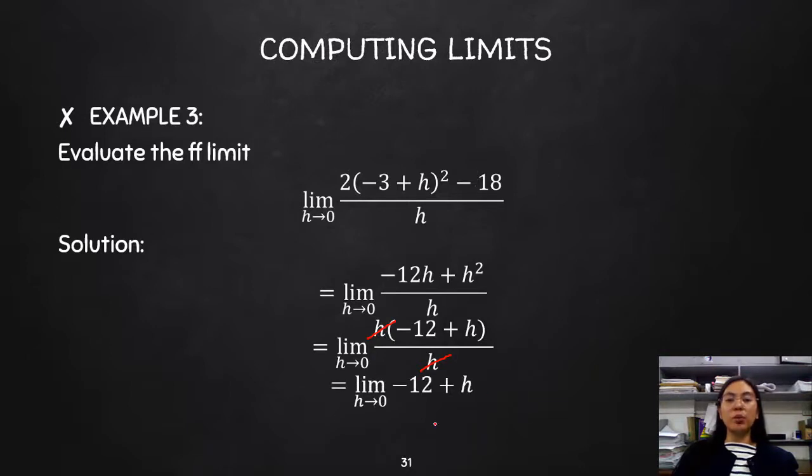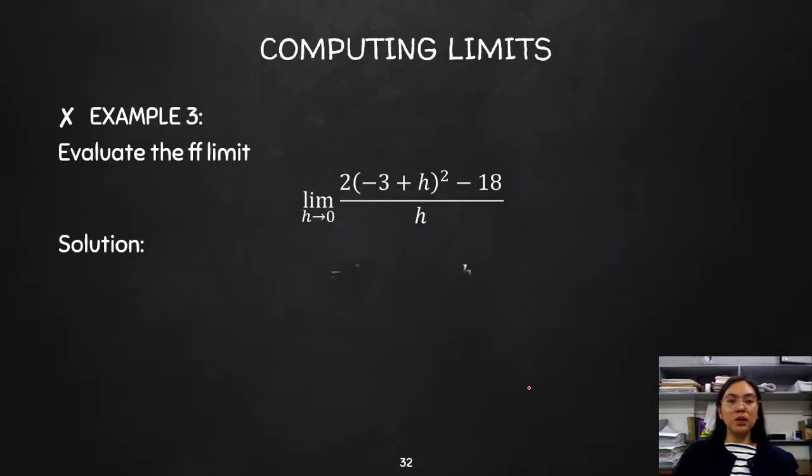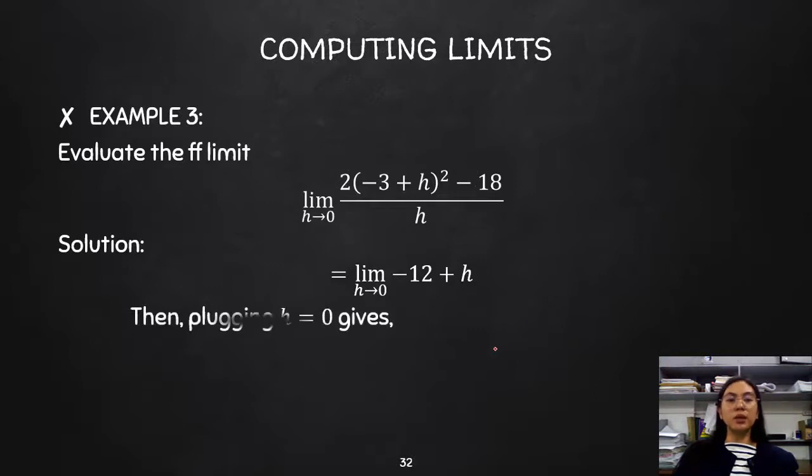And then, you will be left with this particular function. And of course, if you try to substitute 0 to the function, it will give you the answer negative 12. So, yan po yung sagot doon sa pag-evaluate nung limit.